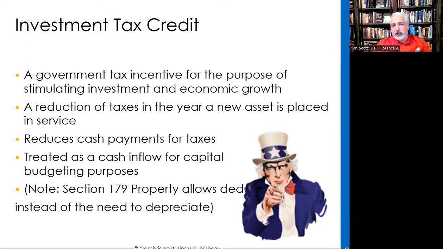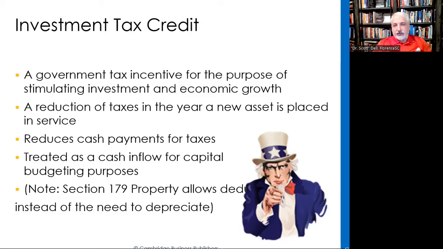One other item I do want to talk about is something called the investment tax credit. The government tries to incentivize companies to invest in certain technologies. They're doing it a lot with the sustainability effects of electric vehicles, and they're trying to motivate folks by giving a direct credit, a direct write-off off the taxes, not a percentage of that, but a full write-off for investments made in certain technologies, or a percentage of those, but it takes directly off the taxes.